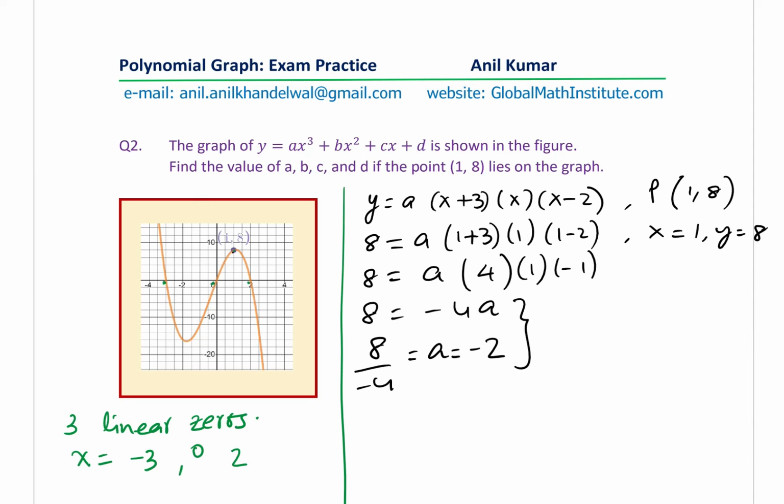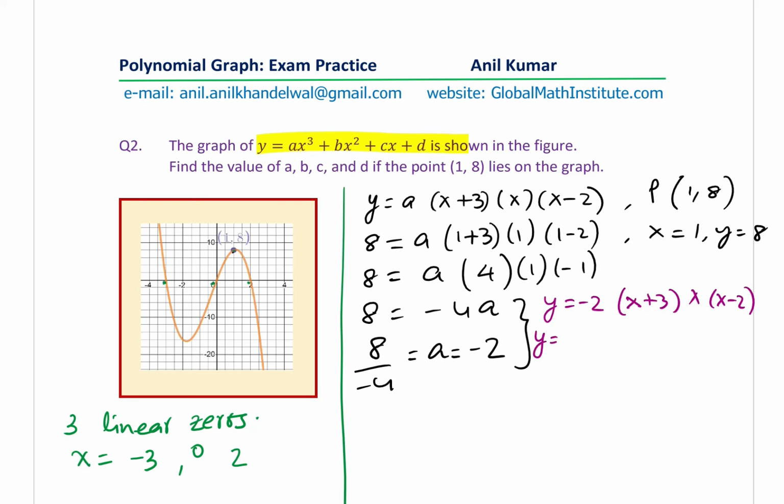With that, we have our equation as y equals to minus 2 x plus 3 times x minus 2. Now we need to write this in standard form. Only then we'll know the values of a, b, c and d, correct? So let's expand and write this equation in the standard form.